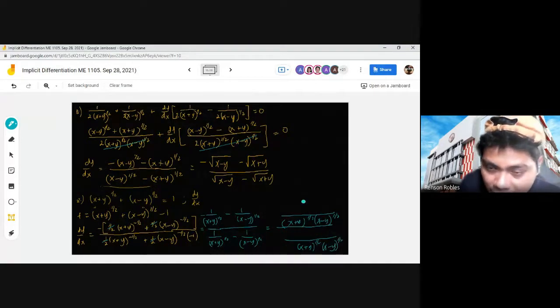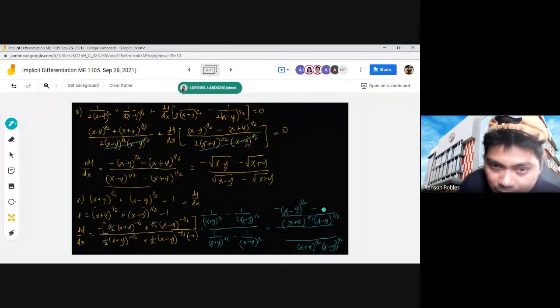And then on the numerator of the numerator, negative. Okay? Cross multiply. Ito, dalhin doon, raised to 1/2 minus. Ito naman, dalhin dito, x plus y raised to 1/2. And then you do the same here. So that's x minus y raised to 1/2 minus x plus y raised to 1/2.